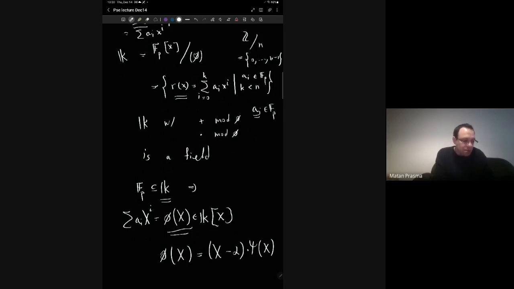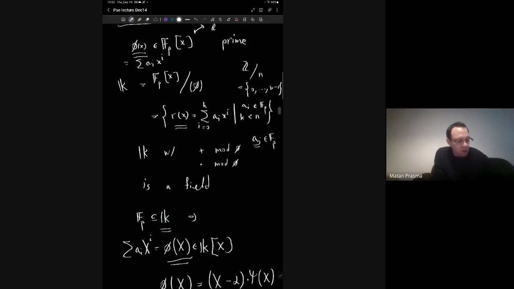And the whole business of splitting fields is relying on this meta trick. Of course, phi originally was a prime polynomial over Fp.